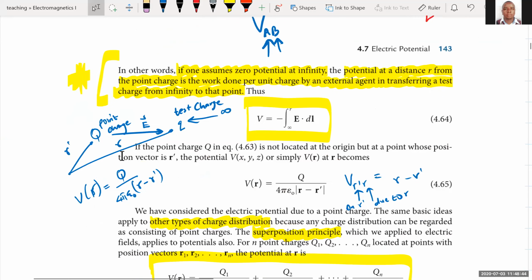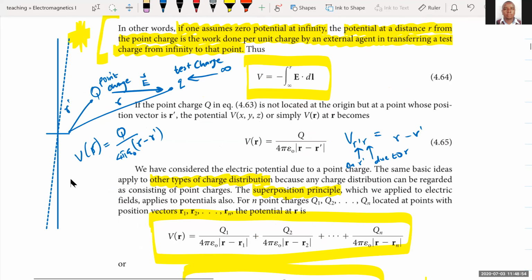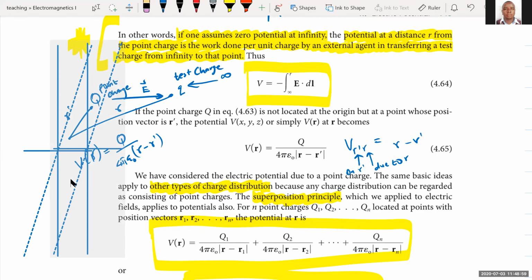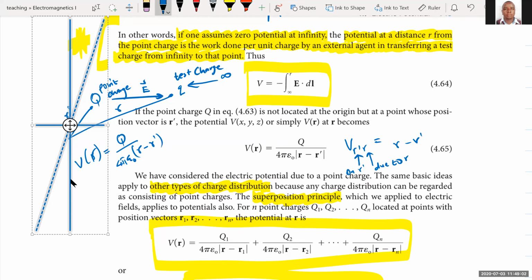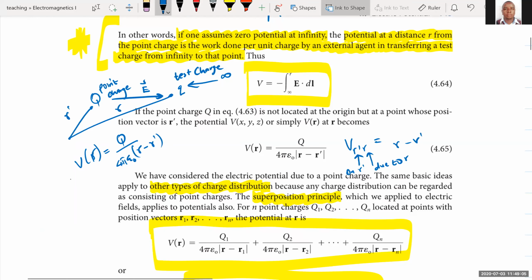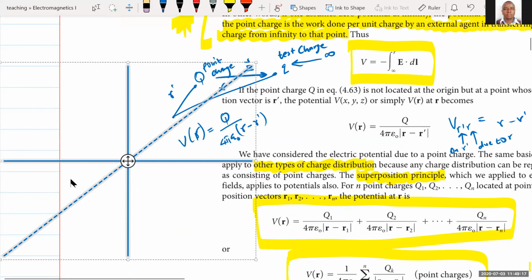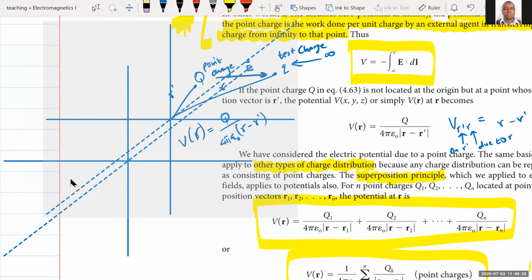And probably this is actually much clearer. This is my point at origin. Probably I can bring this diagram here. Sorry. Let me draw another one. Assume that is the origin.